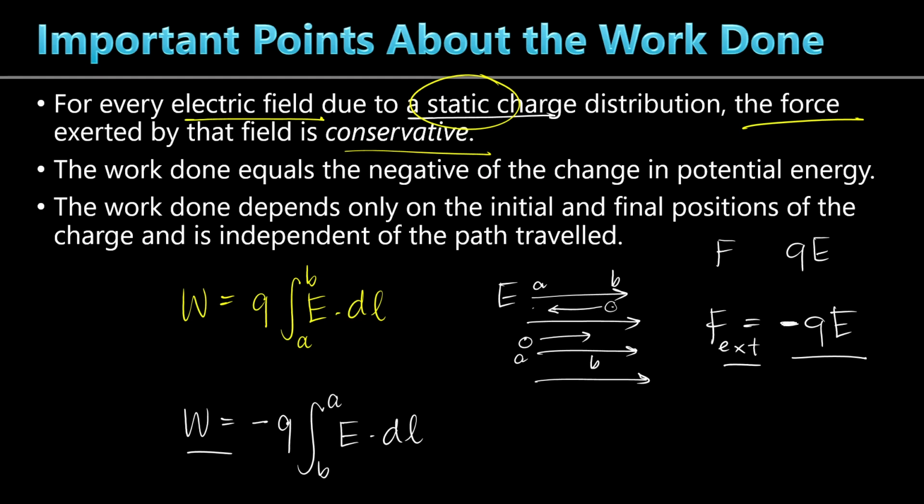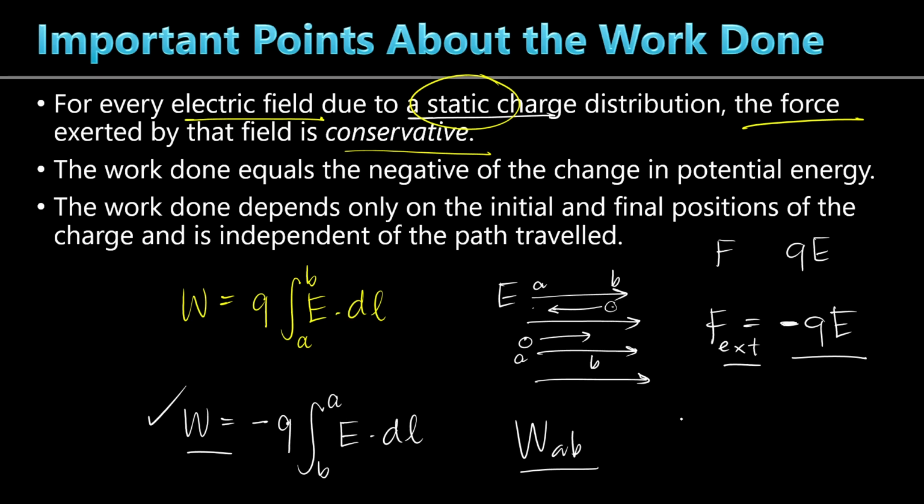The negative sign here indicates that this charge Q has been moved from B to A against this electric field. Okay? So usually, this is what is used for applications. In electromagnetics, this is the expression used for work. Okay? It has a negative sign, and it is from B to A. But we get the same numerical value. Those two are both equal to WAB. Only our interpretation is different.